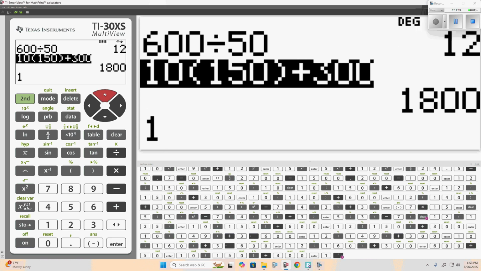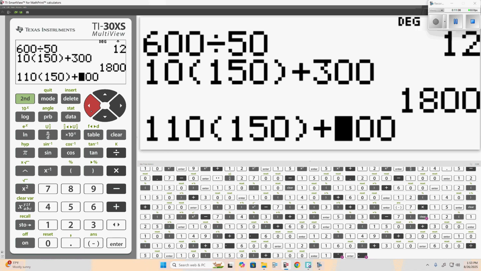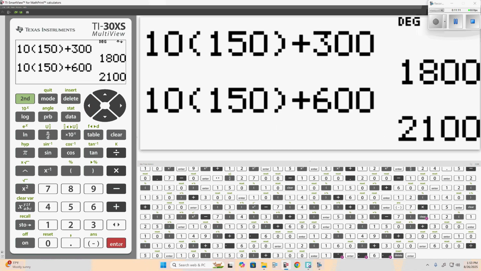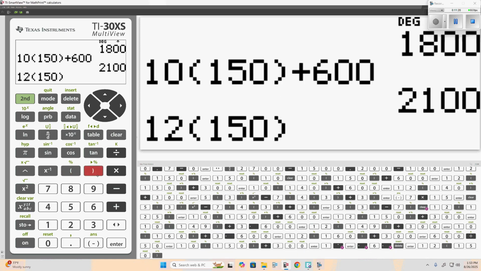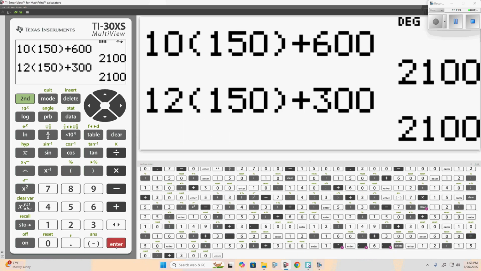Or not 1,800, because that should be 2,100. I put 300 instead of 600. Because Sunview, 10 times 150 plus 600 gets us here. Now 12 times 150 plus 300 in our second equation also gives us $2,100. So going to either Sunview or Lakeview with 150 students will cost the same amount. So it really doesn't matter which one we pick. They will both be the same.